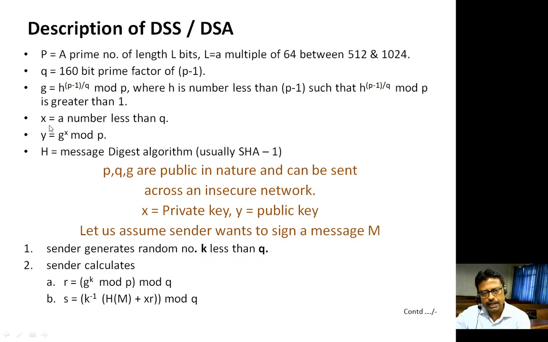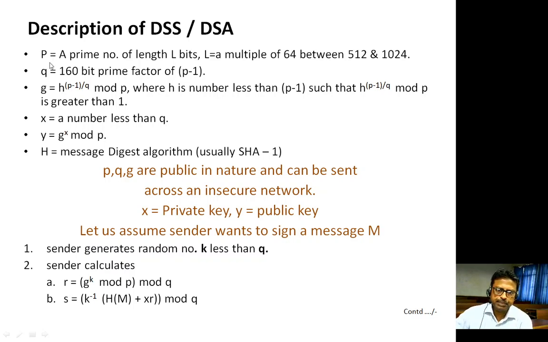Another number x is assumed, which is less than q, and another number y is calculated. Y is equal to g to the power x mod p, and H is the message digest, obtained by applying the message digest algorithm.